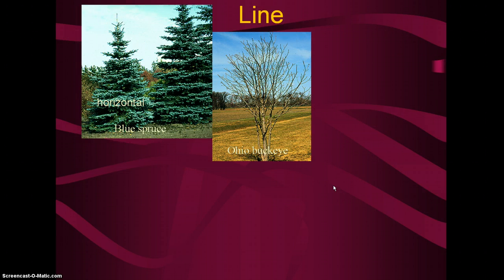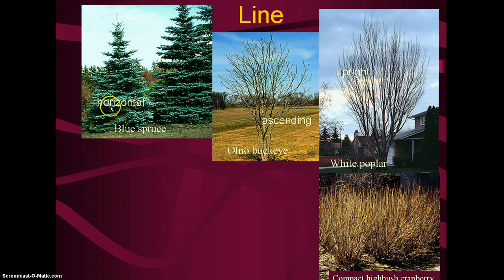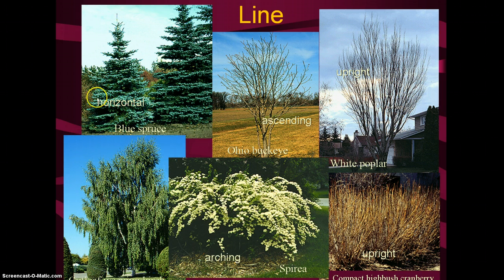So here's an example of line. You have to look sort of inside the plant because you've got different lines all over the place, but the predominant thing that you're seeing in this case with the spruce is more or less horizontal line because of the branches. Here on this particular crown, you can see that the branches are what we call ascending. They're kind of going upward but not straight up, sort of at an angle, whereas this one's known as upright, and you can see that this one's a little more formal and isn't quite as soft.